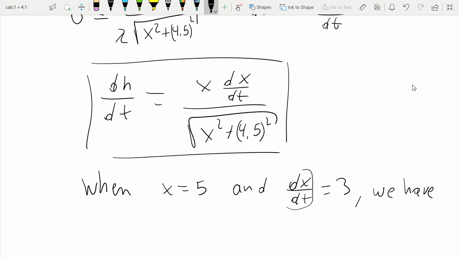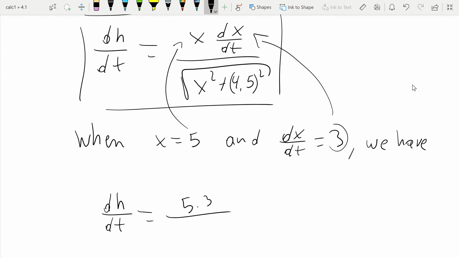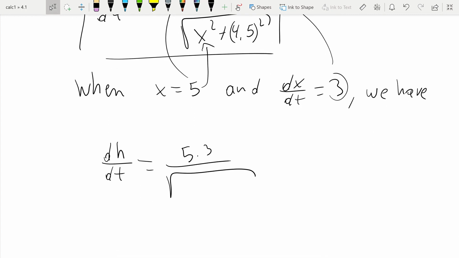This value in here, and x equals 5 in here, and we get that dh/dt is equal to 5 times 3 divided by, we also need to plug 5 in here, so 5 squared, 25, plus 4.5 squared.